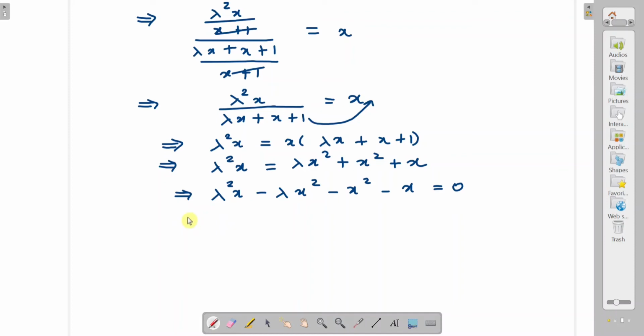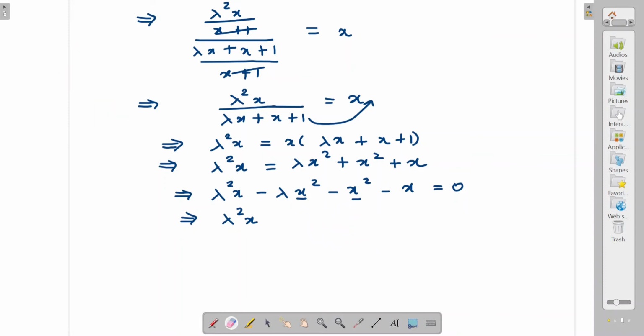So we will get λ²x. Then you can see that x² is common here, so we can take minus x² common, and you will get λ plus 1. But no, we have to keep λ as a variable.